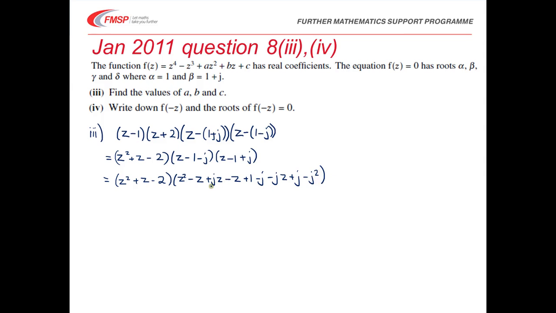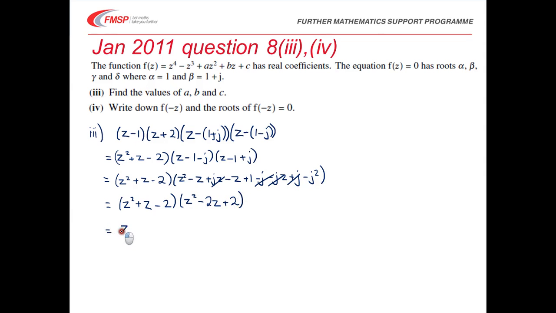The plus jz cancels with the minus jz, the minus j cancels with the plus j. So that comes out to be z squared plus z minus 2 multiplied by z squared minus 2z plus 1 minus minus 1, so plus 2.